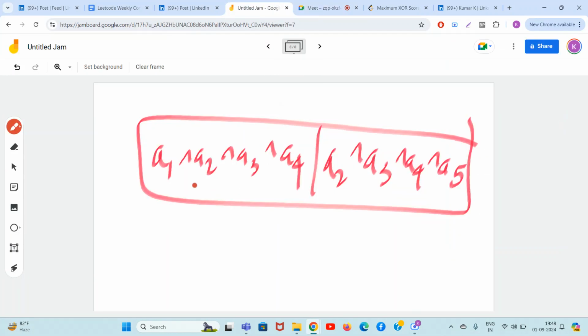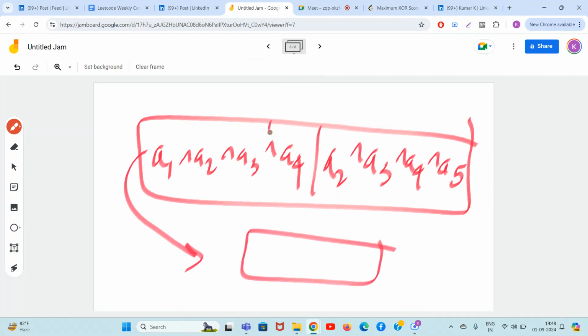If I now do this operation for the last time, what will I get if I take XOR of these two adjacent numbers again? A1 XOR A2 XOR A3 XOR A4 XOR A2 XOR A3 XOR A4 XOR A5. All terms are cancelling out. Cut, cut, cut, cut, cut, cut. A1 XOR A5.